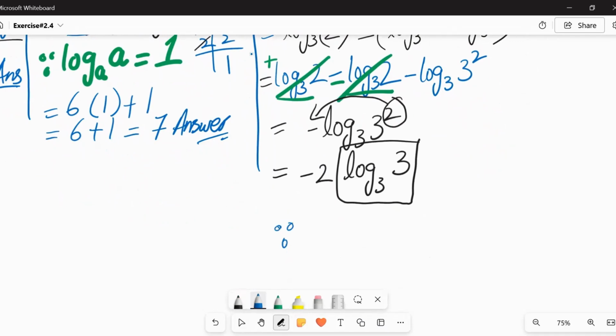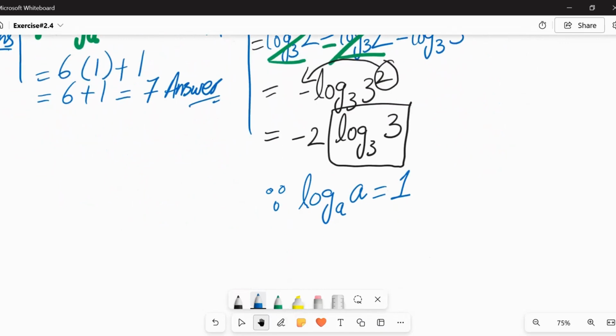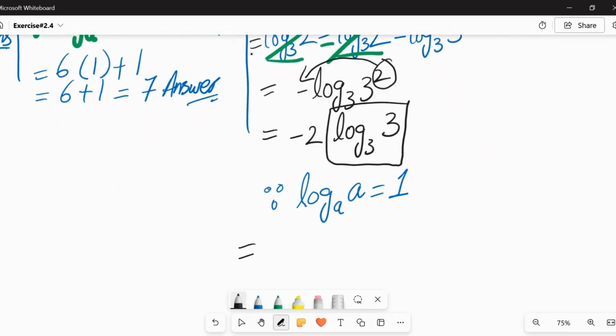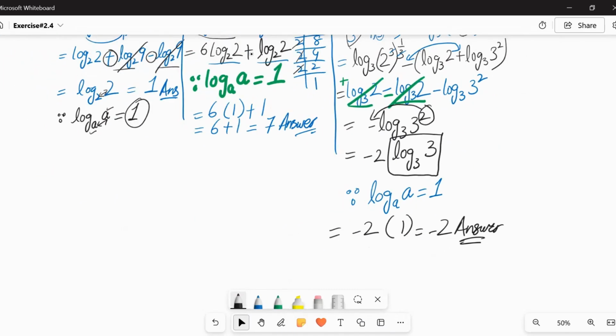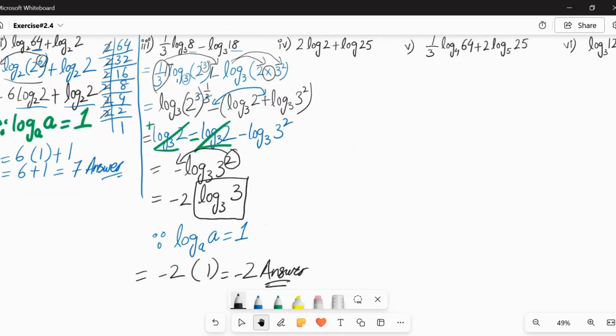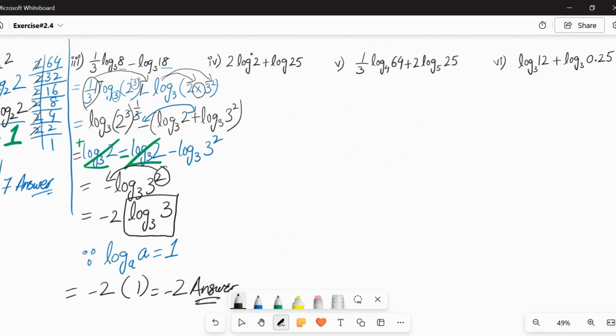It looked like this: log base a of a, and it will always be equal to 1. So let's put 1 over here. Minus 2 into 1 equals minus 2, which is our final answer for this part. Okay. Now see question number 4.